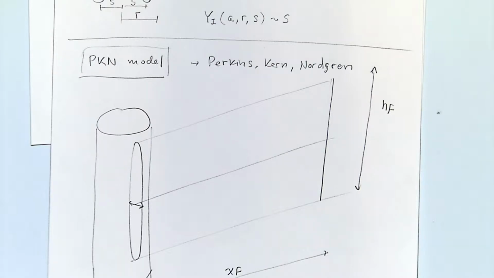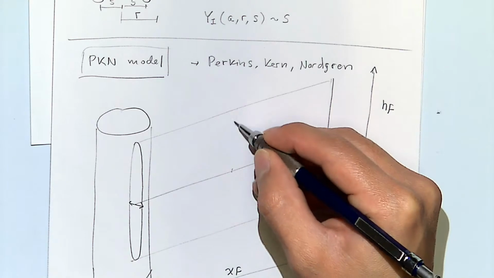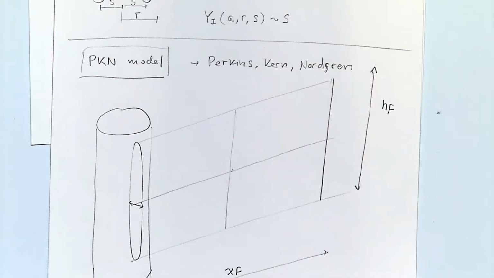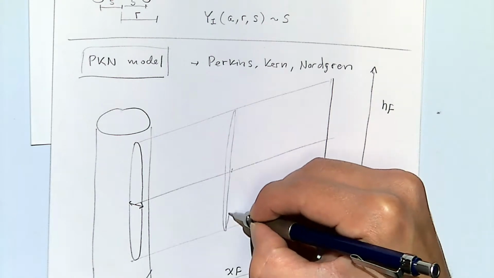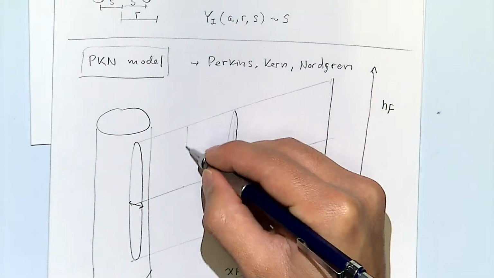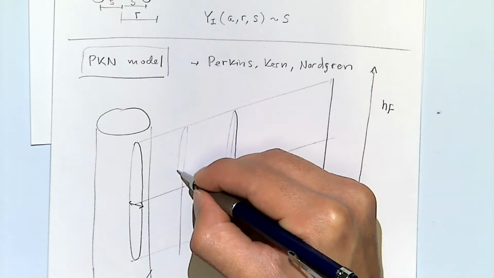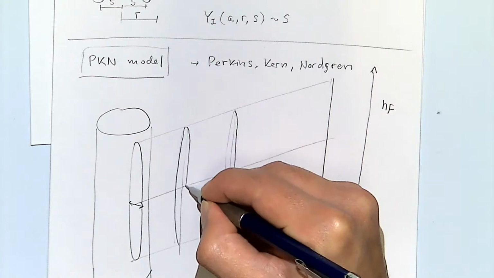And I'm going to assume plane stress solutions for this fracture as it propagates. So somewhere over here, the width is going to be smaller than in the wellbore. Somewhere over here will be a little bit in between these two other cases.